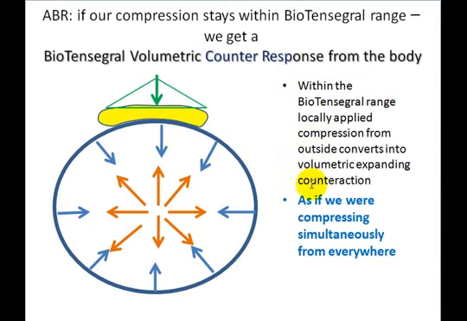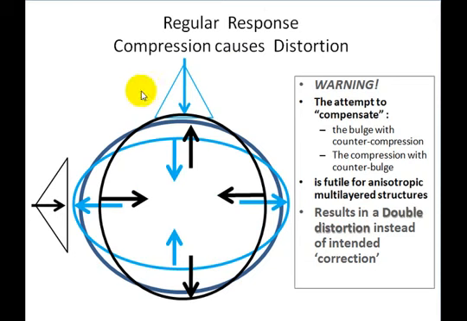Within the biointegral range, locally applied compression converts into volumetric expanding counteraction, as if we were truly compressing simultaneously from everywhere, right? But we don't do it primitively, by just pushing everywhere. We do it from within.